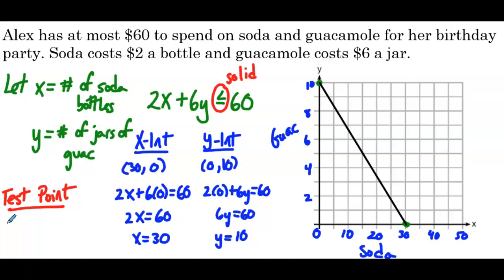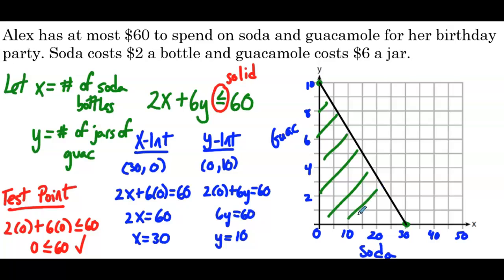So plugging that in, we'd have 2 times 0 plus 6 times 0 is less than or equal to 60. So 0 plus 0 is 0, less than or equal to 60, so that does work. And that should make sense. If you go to the store and buy nothing, you don't buy any soda or any guacamole, then you spent less than $60. So we're going to shade all of the points below the line.